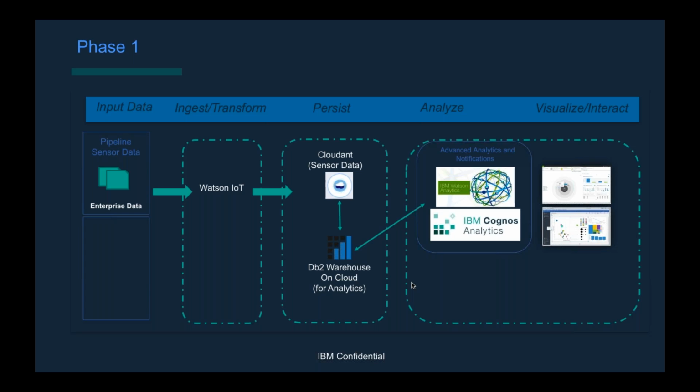Initially we leveraged Cloudant, which is our document store, and from there we pumped this into a warehouse in the cloud. The reason we did this was a couple of things. One, we wanted access to all this pipeline data. But down the road, they also wanted to add weather data, which would be added to the warehouse as well.